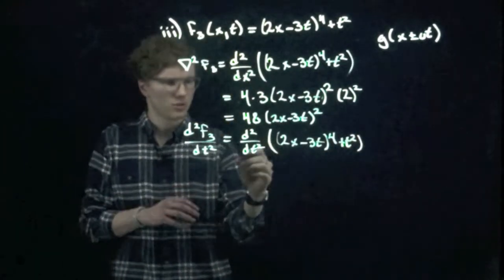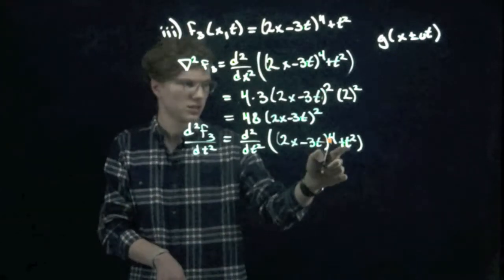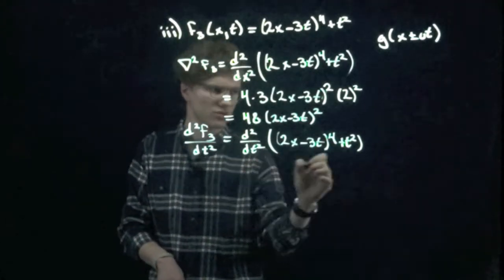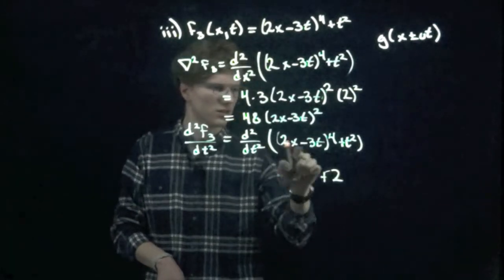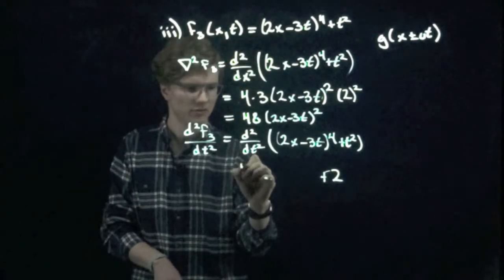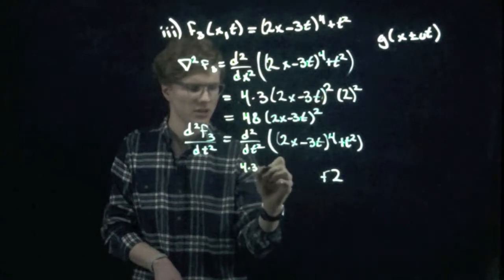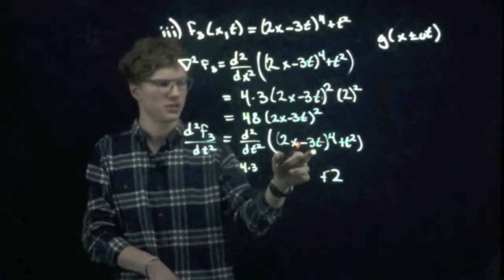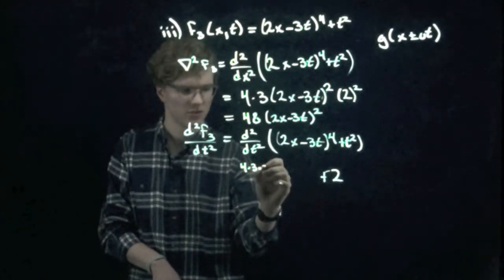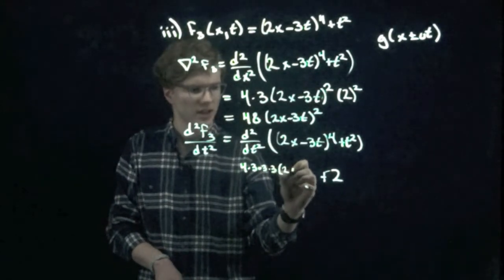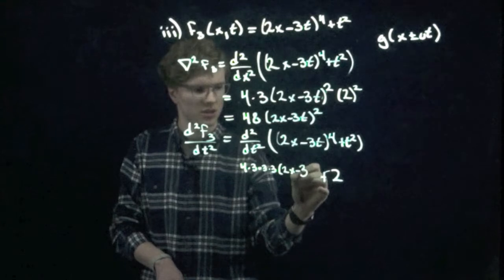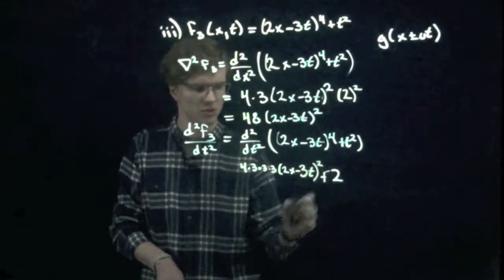So with this one, quite quickly we can see that this is going to come out to 2 plus this over here. So that's going to be 4 times 3 again, and then we're going to get 2 3s from this. So that's going to be times 3 times 3 times our 2x minus 3t to the power of 2.